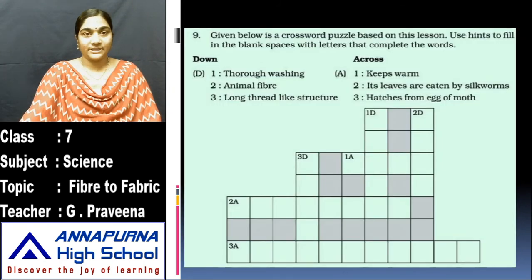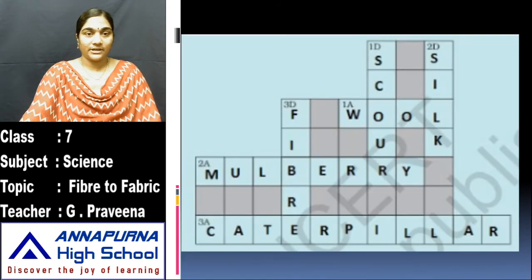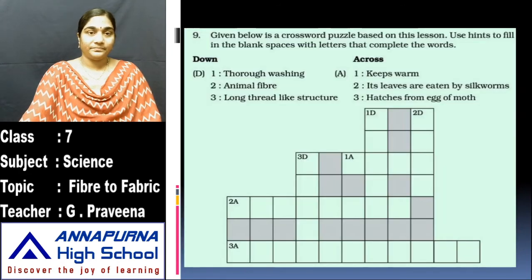Now try to fill the across boxes. Keeps warm. Which keeps us warm? Here is your answer: wool. Wool keeps us warm. Then, its leaves are eaten by silkworms. Silkworms feed on which kind of leaves?